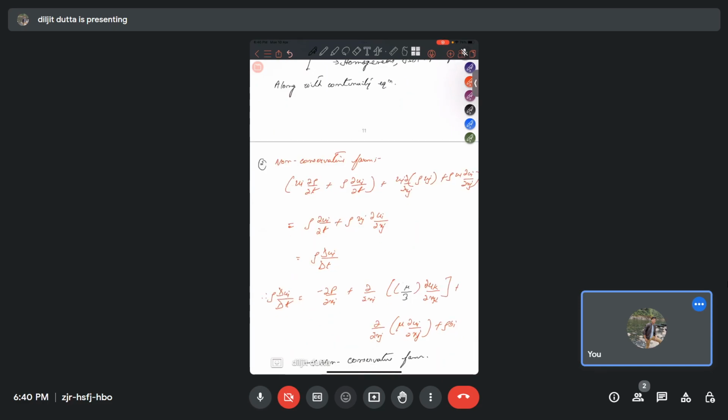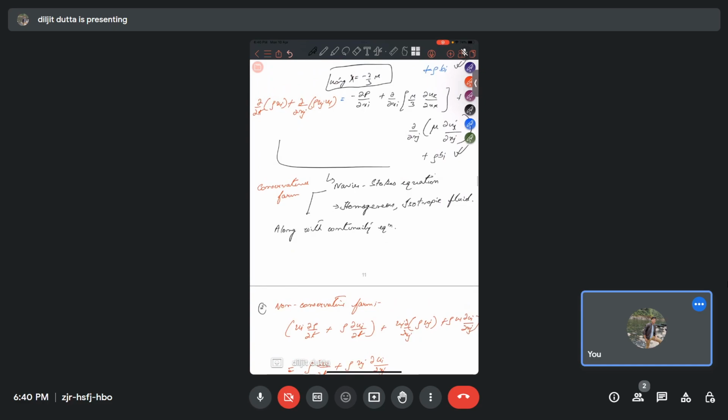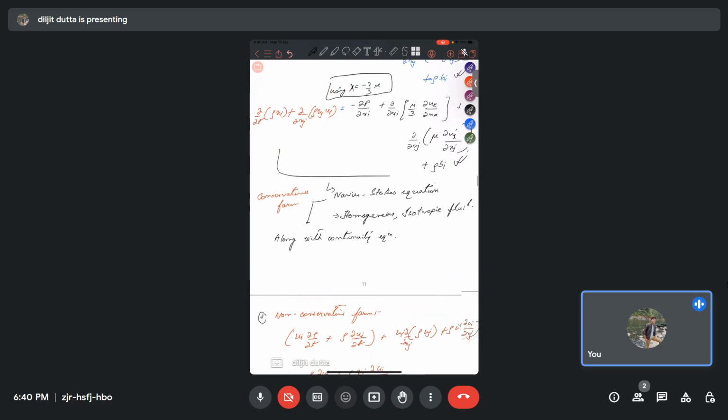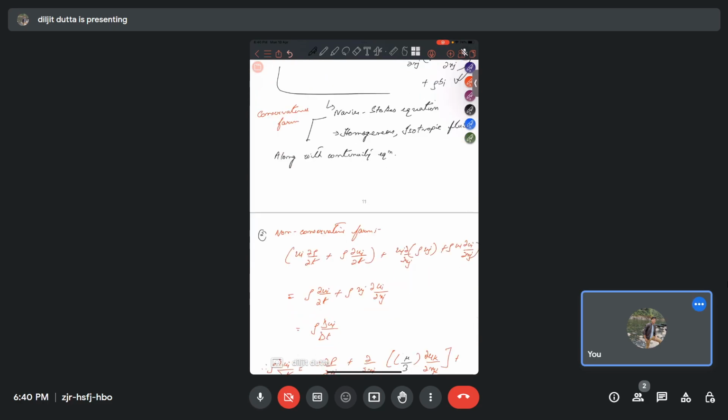The non-conservative form can be written with the left hand side expanded. That is ui del rho by del t plus rho del ui by del t, and ui del rho uj by del xj plus rho uj into del ui by del xj.